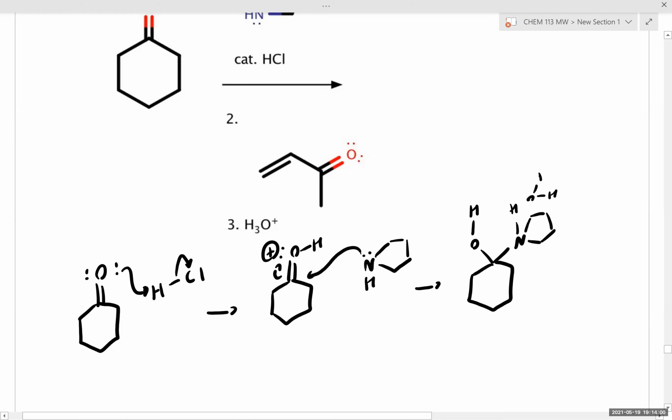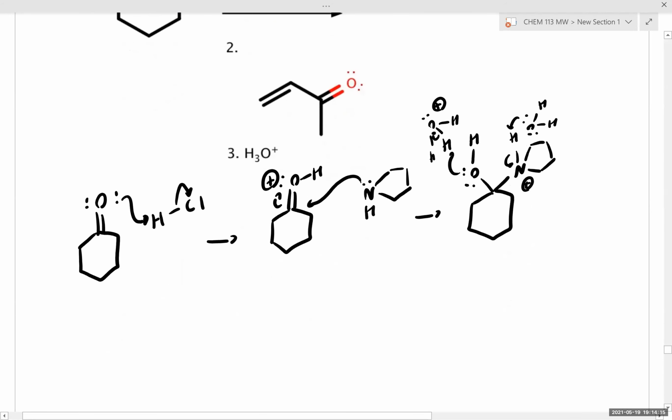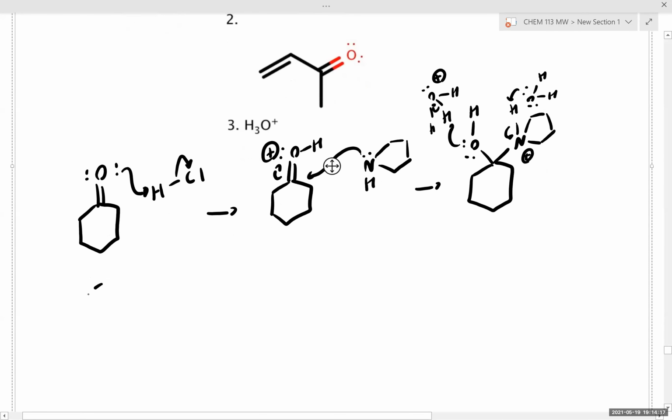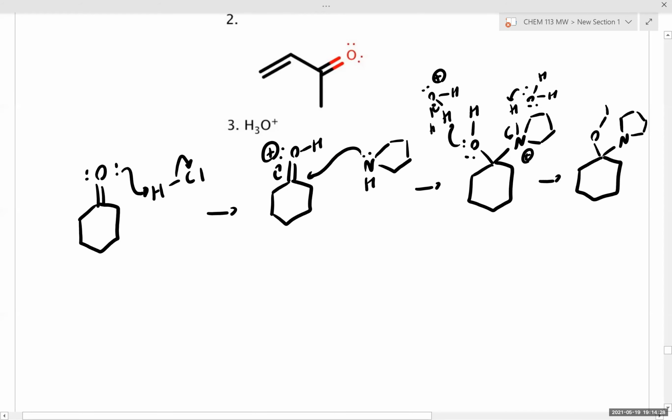From here, we're going to see a series of proton transfers to free up a lone pair on our amine and to activate our alcohol as a leaving group. From here now, we can kick out our leaving group, which is water, and generate our aminium ion.